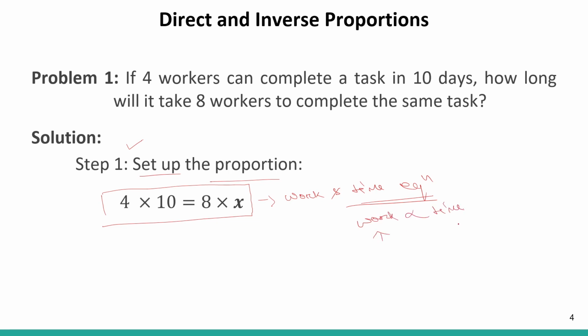If work increases then time also increases, provided the number of laborers is the same. And the number of laborers is inversely proportional to time. As the number of laborers increases, time decreases, and as time increases, the number of laborers must have decreased.